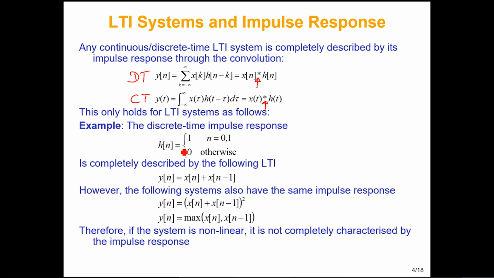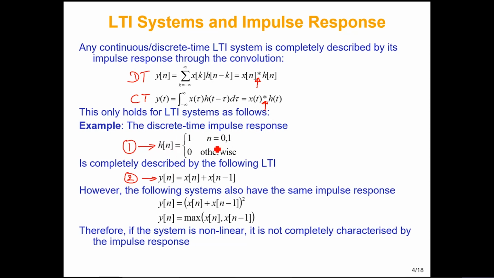In slide set 6, which we started last time, we saw that if we are given h of n, or a difference equation of this shape, both are good enough. Either one helps us find the output for any given input.